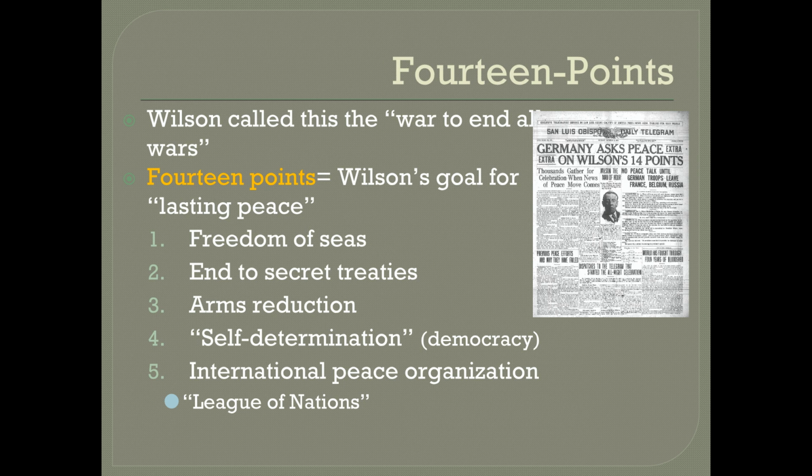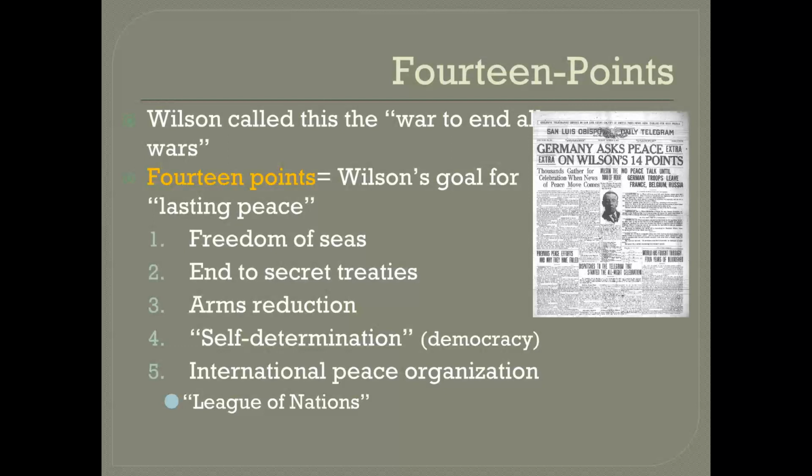Arms reduction, decreasing the amount of weapons that a country has. Remember, militarism was part of those causes of the war. Self-determination, allowing countries to pick their own form of government. Of course, Wilson's pushing for democracy. Remember that imperialism had been the main tool that eventually caused some of these countries to go to war with each other.